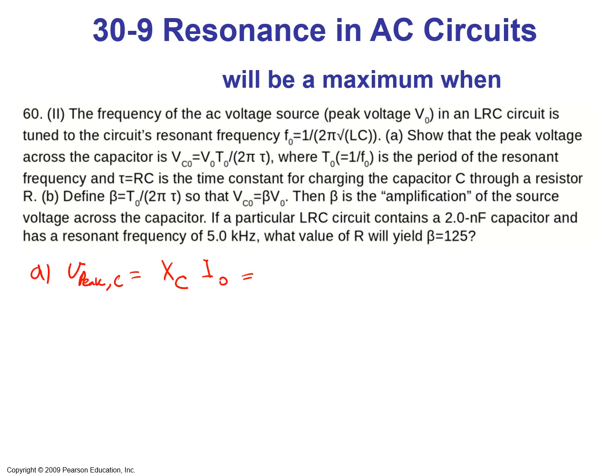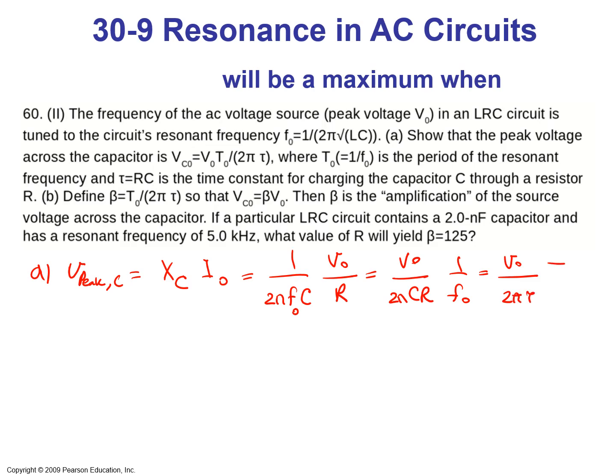For XC, we say 1 over 2 pi F C. I0 is equal to V0 over R. It's equal to V0 times 2 pi C R times 1 over F0, and this is equal to V0 over 2 pi tau multiplied by the period T0.